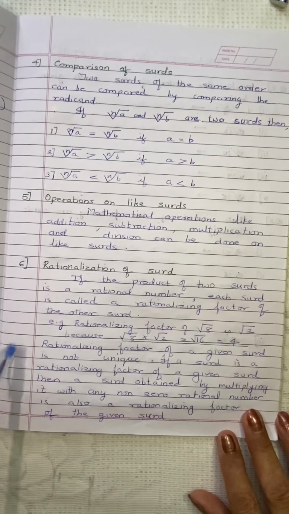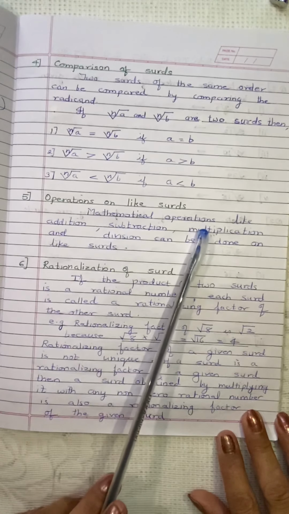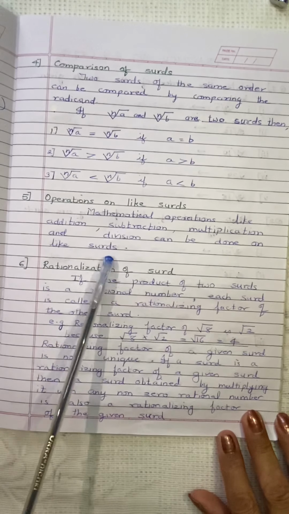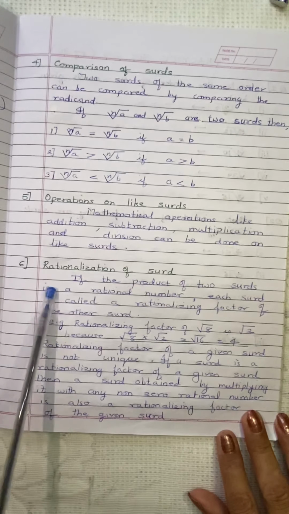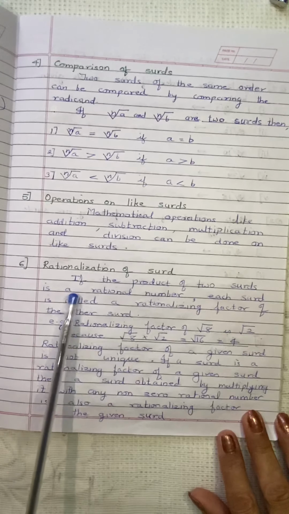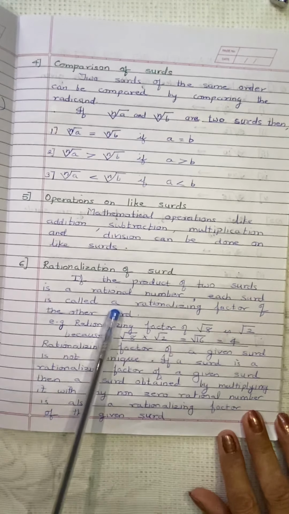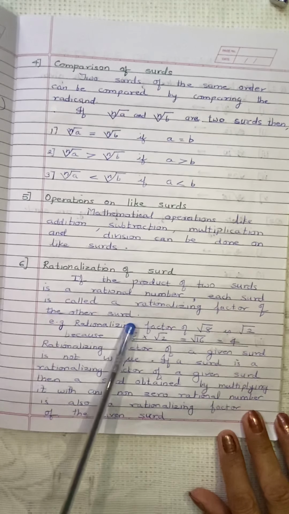Fifth important point, operations on like surds. Mathematical operations like addition, subtraction, multiplication and division can be done on like surds. Rationalization of a surd: if the product of two surds is a rational number, each surd is called a rationalizing factor of the other.